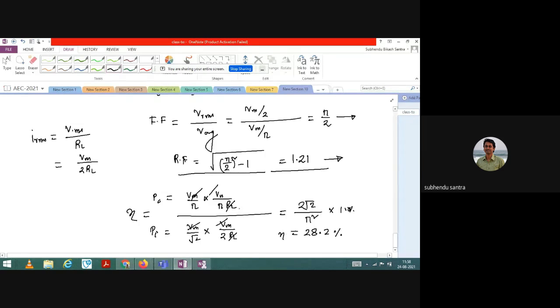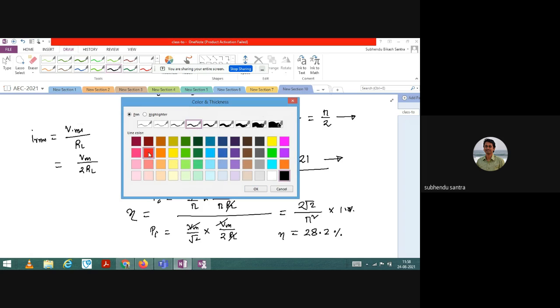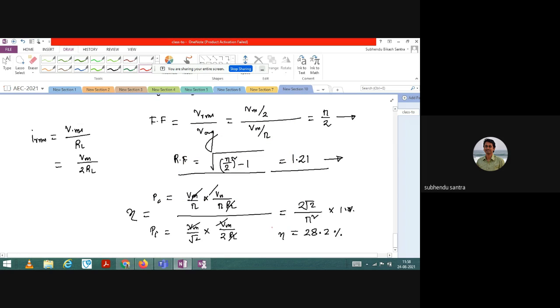This is the efficiency. So you see that if you use a simple half wave rectifier to convert AC to DC, now you understand what the calculation means. Your efficiency is around 28% only, and your ripple factor is 1.21. Ideally it should be 0, but practically you are getting 1.21, which is very high.